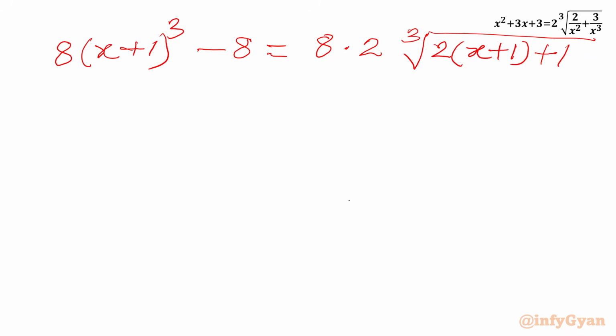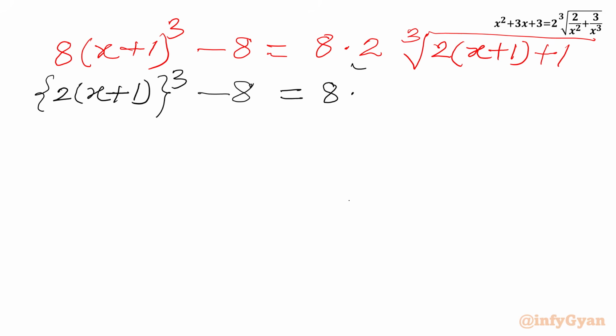Now 8 is 2 cube. So here I can write 2 times x plus 1 and then we'll put whole cube. Then we have minus 8. In right hand side we have 8 times 2. 2 we can write cube root of 8 times cube root of 2 times x plus 1 plus 1.